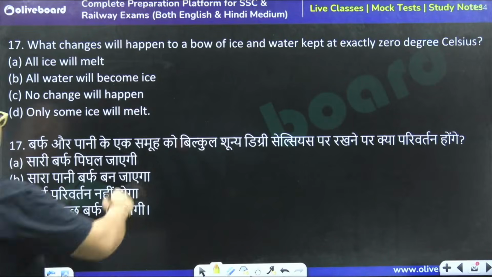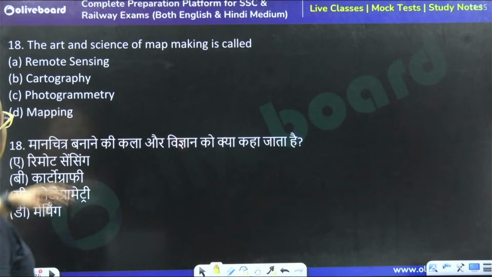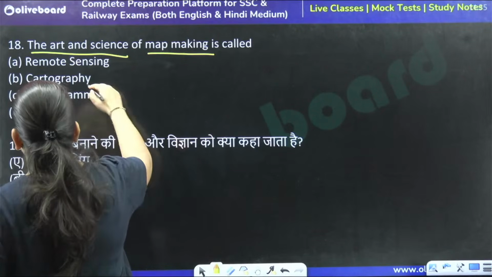No change will happen. The correct answer is no change will happen. Next question. The art and science of map making is called cartography.